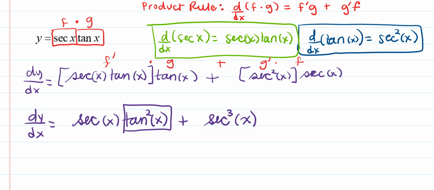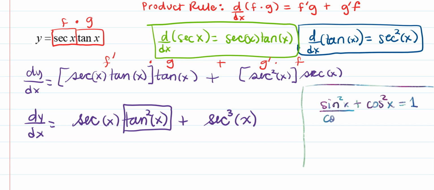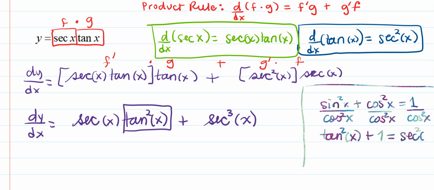So what do we know about trig identities? We know sine square of x plus cosine square of x is equal to 1. So if we divide everything by cosine square of x, then we have tangent square of x plus 1 is equal to secant square of x.